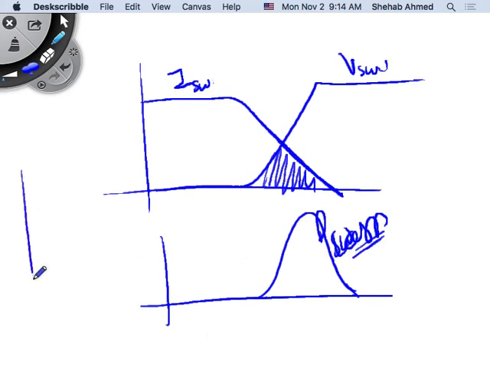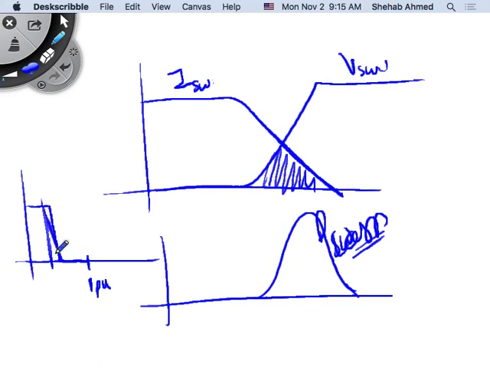It will also be limited by the following. Let's say I want a duty ratio of 0.5, and this is 1 per unit time, and my switch needs, say, 0.1 per unit time to bring the current down.